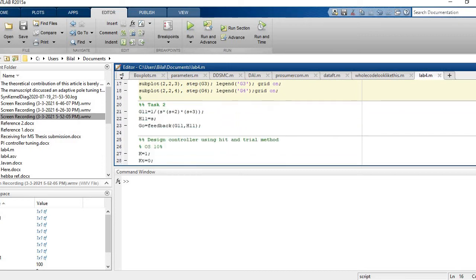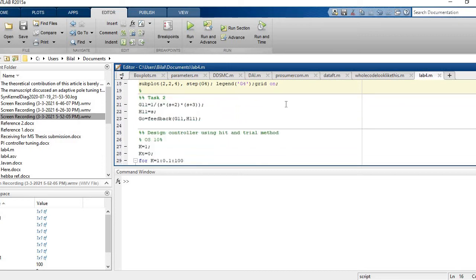The second task is where we have to design the controller. I just wrote the blocks there: one block is 1 over s times (s plus 2) times (s plus 3), and the second is s. You need to feed this back, so I use the command feedback g11, g12.